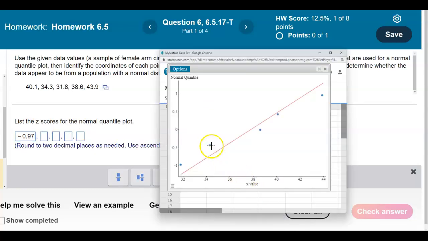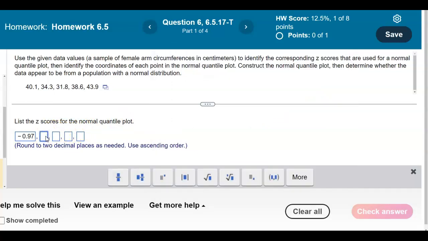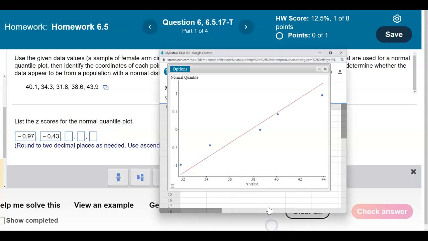Let's highlight over this next point. The normal quantile, which is the z-score, is negative 0.43. Next we highlight over this point here, and the z-score is 0.